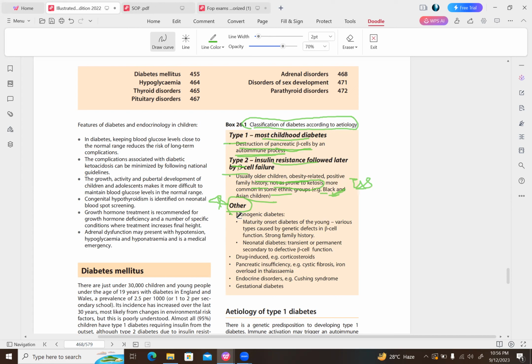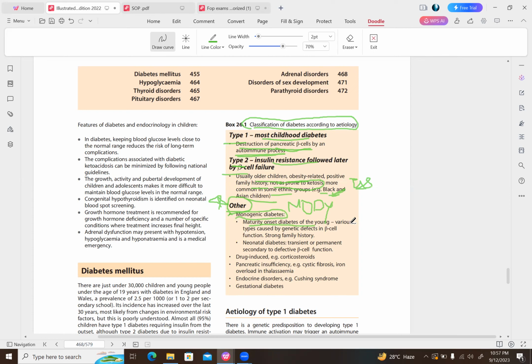What is the monogenic diabetes? Have you ever heard the name MODY? MODY, maturity onset diabetes of the young age. That is MODY, maturity onset diabetes of the young age.